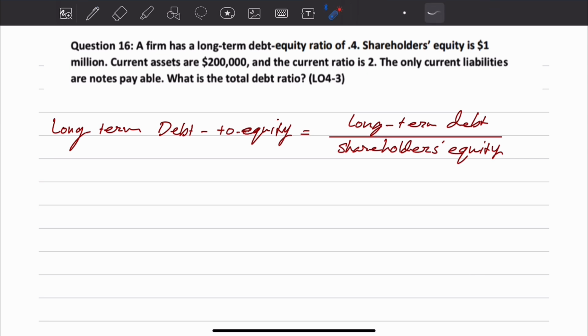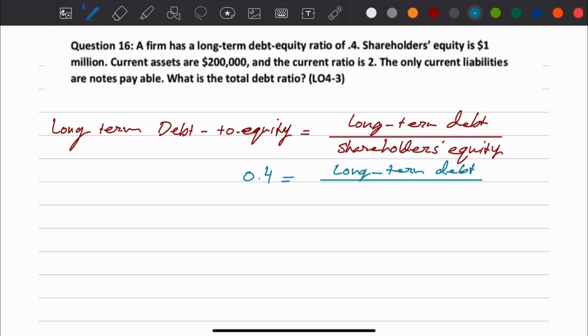Now this is already given to us to be 0.4. So 0.4 equals long-term debt divided by the shareholders' equity, which is 1 million. Now to find the long-term debt, we're just going to mathematically play around with this formula, do a cross multiplication, because here we assume that we have 1.